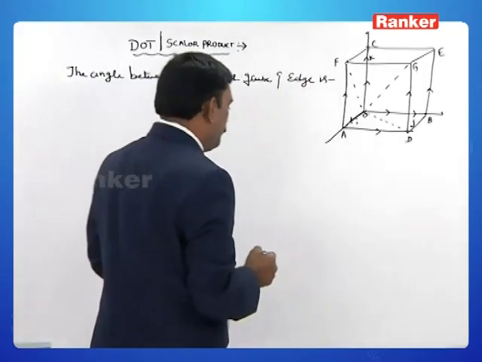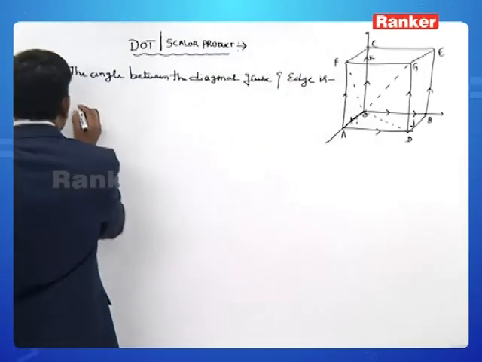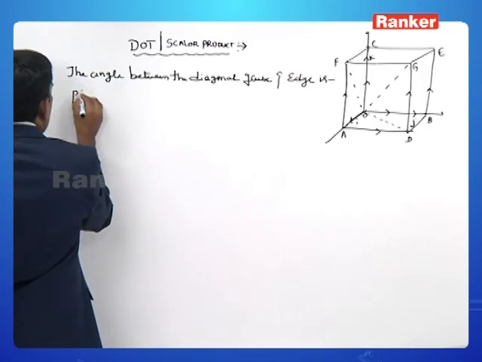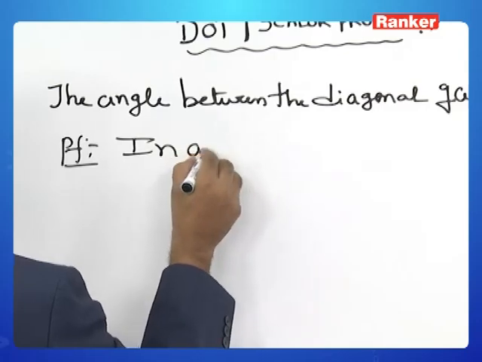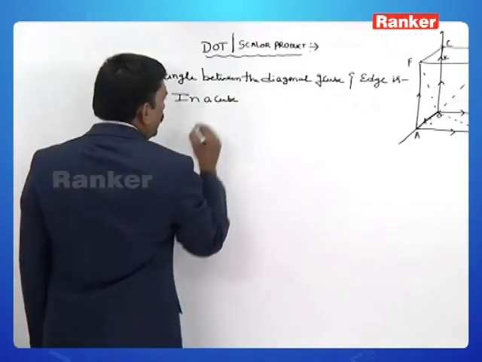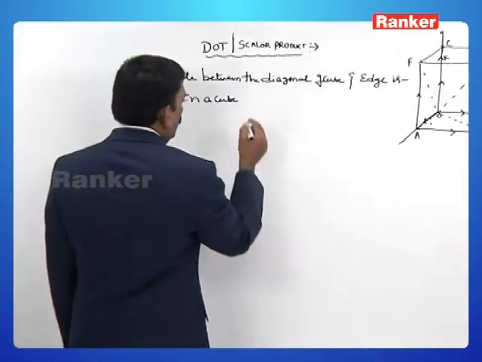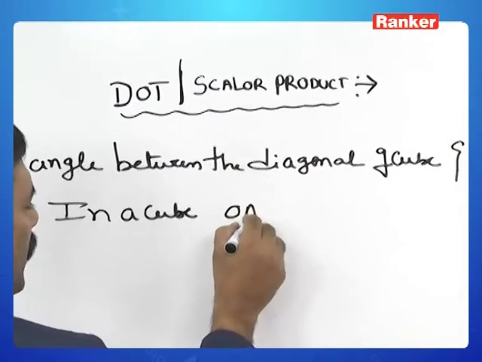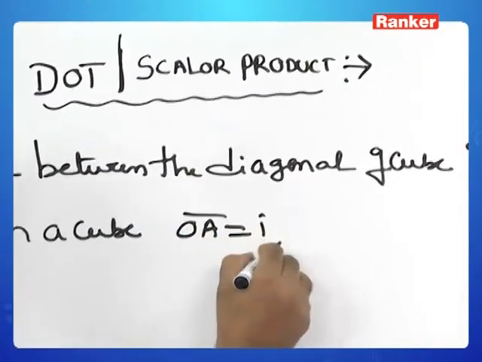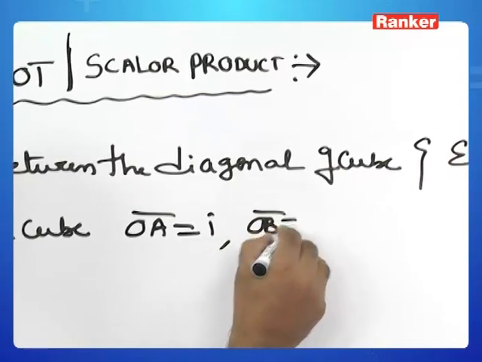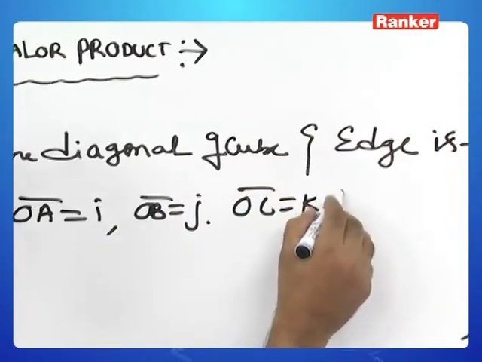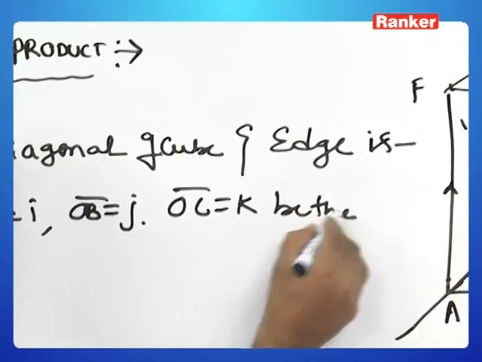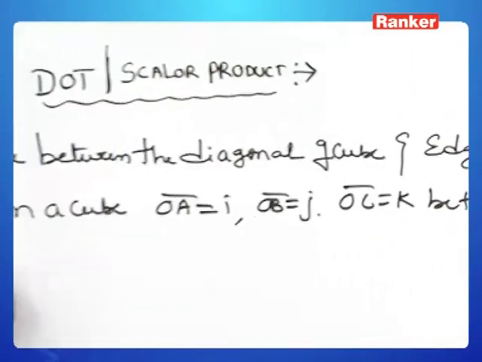So let us see the proof of this. In a cube, OA bar is equal to I, OB bar is equal to J, OC bar is equal to K, the edges.